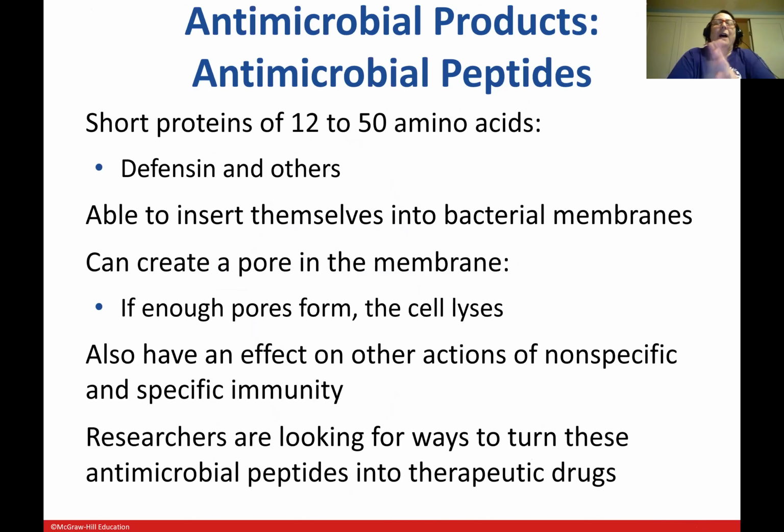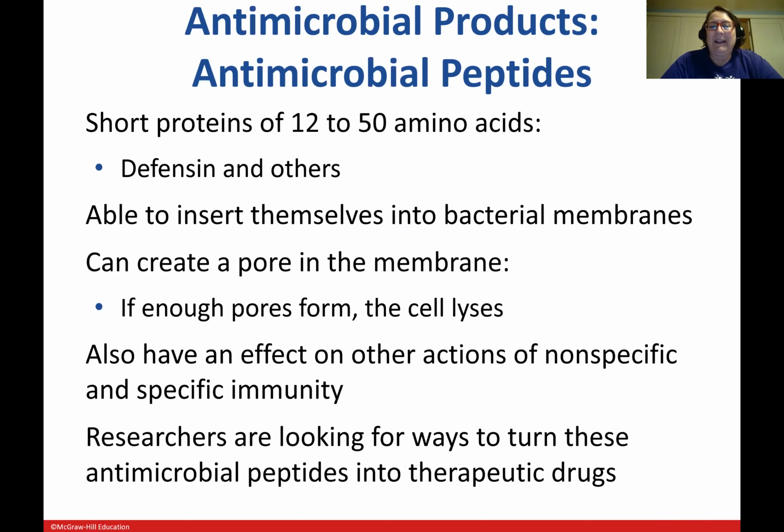Okay, so the last thing we're going to talk about in terms of the innate immune system are these antimicrobial peptides. Those are really short sequences of amino acids, maybe 12 to 50 amino acids. An example is defensin, which is the prototypical antimicrobial peptide.